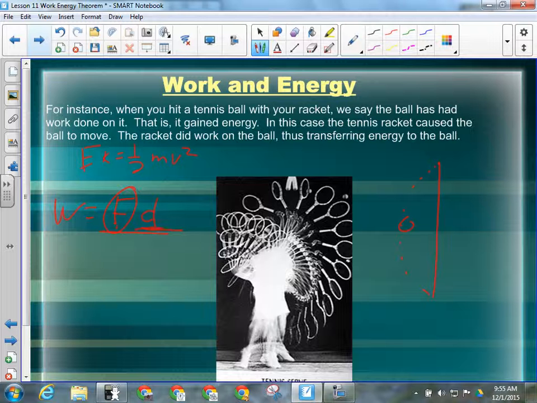So this number gets bigger, this number gets bigger. If this number gets bigger, I'll have a greater change in energy, and as a result, the tennis ball will go faster. Most sports have completely embraced that idea: change technique, change equipment in order to improve people's ability to transfer energy.